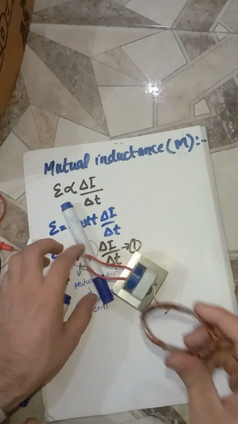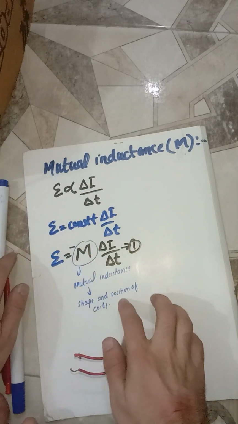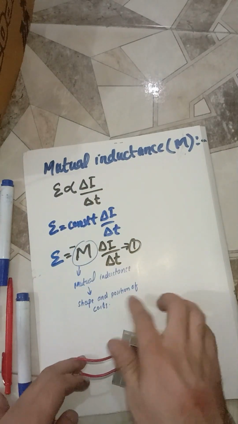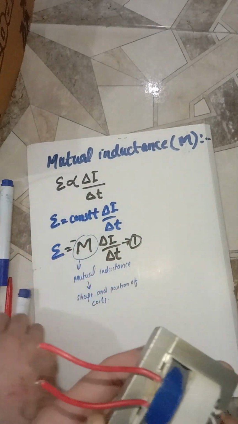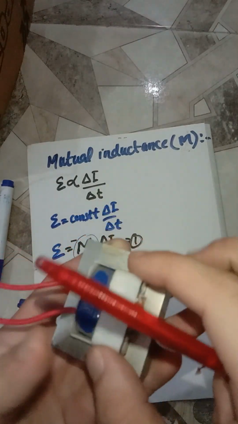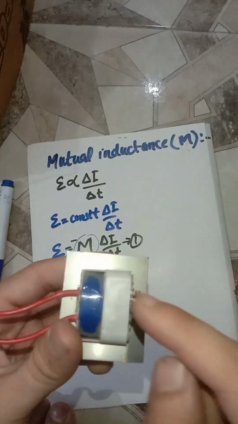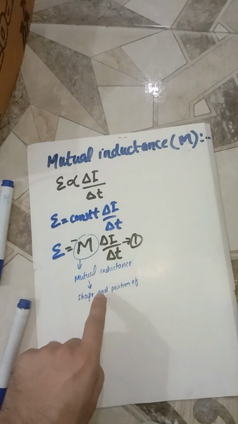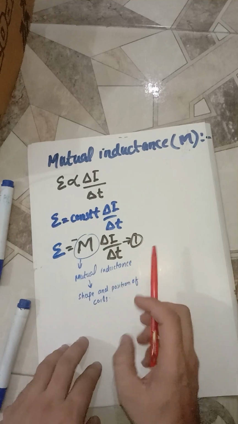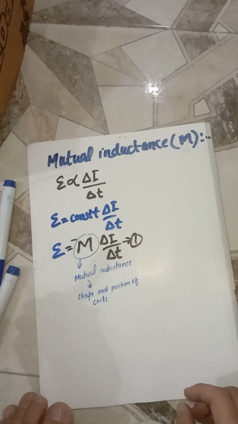The other factor is the position of the coils. If these two coils are parallel to each other, and we put the coils at some angle to each other, then their mutual inductance will be different. So the mutual inductance depends upon the position of the coils. This is equation 1.